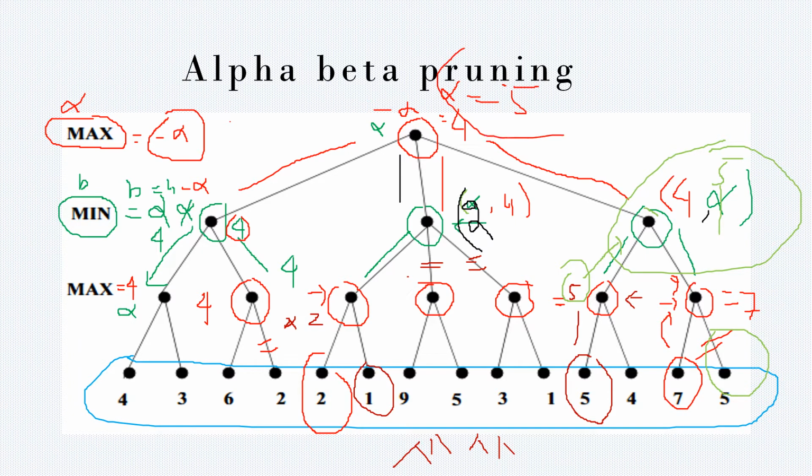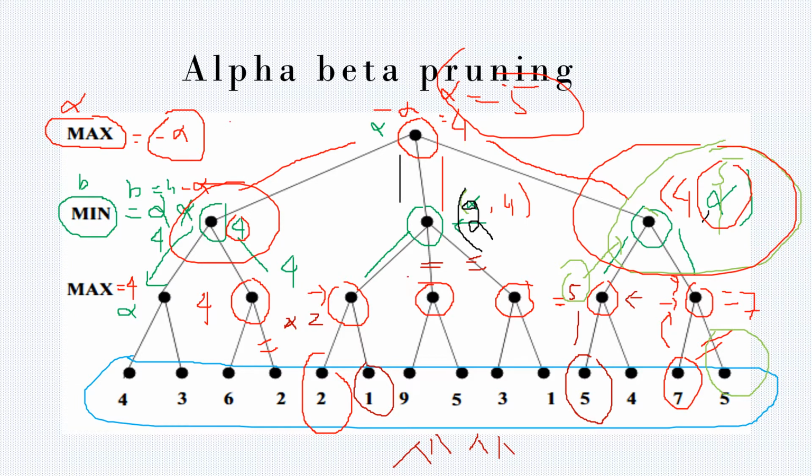This value was 4, and now the greater value 5 becomes the value, so the alpha or the max will adopt this value 5. So at the top node, the value of alpha will be equal to 5.